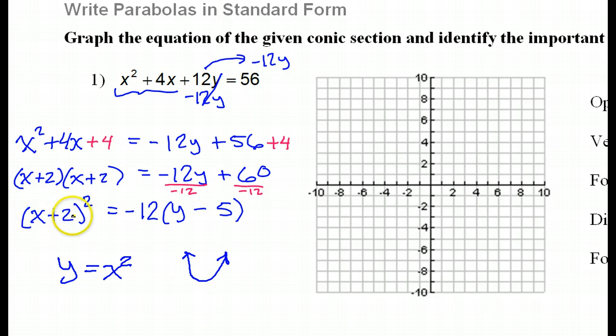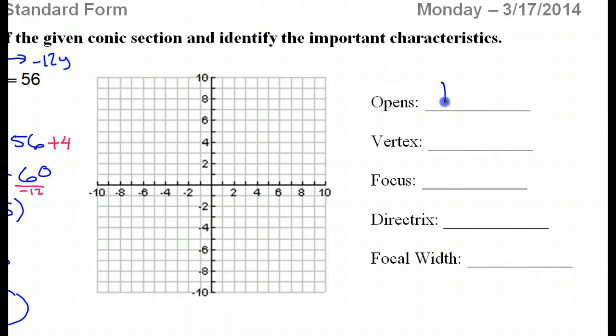And see, even though it's in parentheses, I have x squared, so I know it's either going to be up or down. Up was positive, down was negative. Now, it's the 12 that matters here. Because this is negative, that means it's going to be down. The plus 2 and the minus 5 have nothing to do with it. So I know it's going to be down. So opens down.